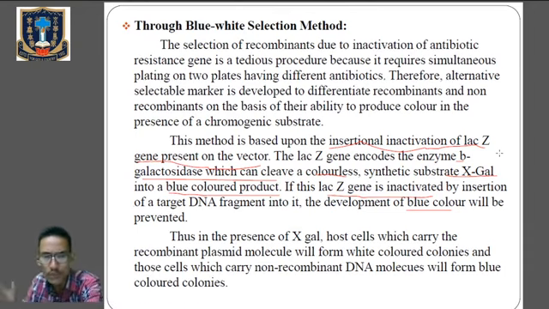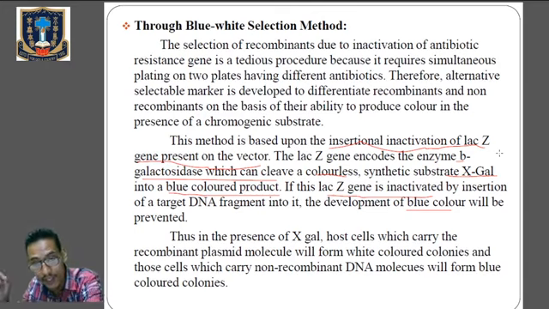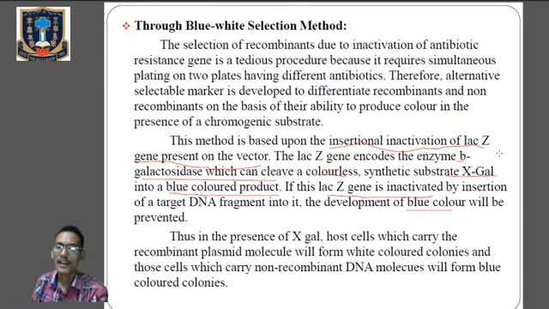Okay, so in the presence of X-gal, host cells which carry the recombinant plasmid molecule will form white colored colonies, and those cells which carry the non-recombinant DNA molecule will form which color colony? Blue colored colony. So depending on the color imparted, we can simply differentiate between the recombinant and the non-recombinant.